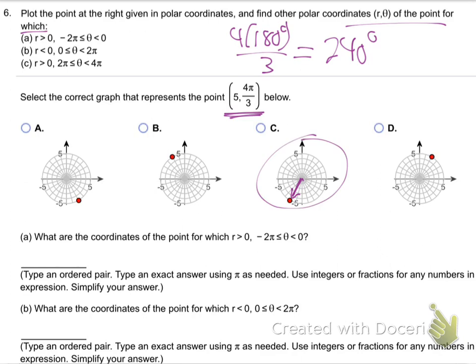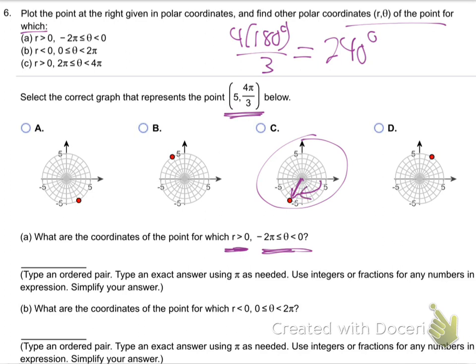Then they say, okay, good, you got that. That's where our dot is. Now, we'd like you to say that same location 3 other ways. First, make the r positive, but make the angle negative. That's right, I didn't give you that option. You could say it by a negative angle.